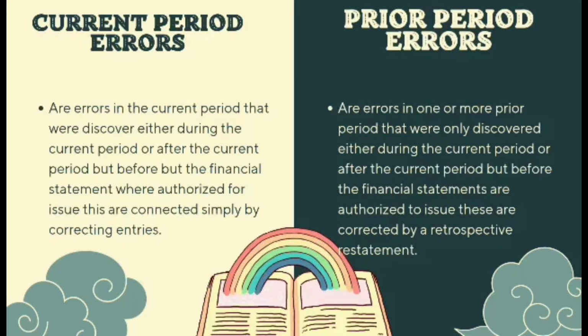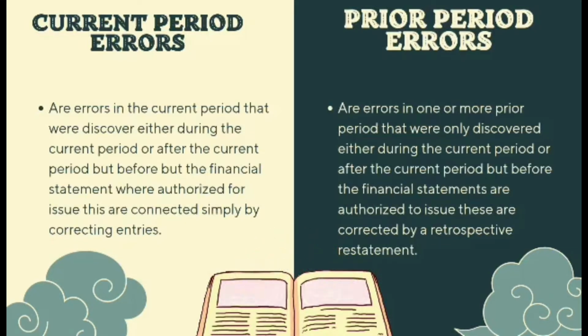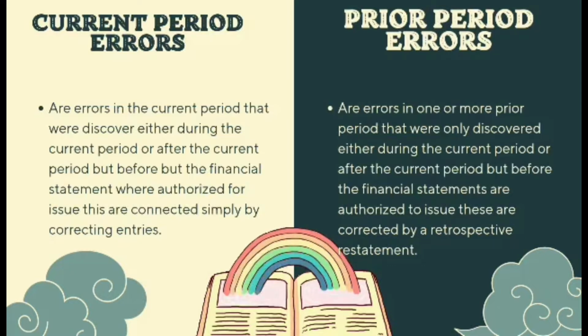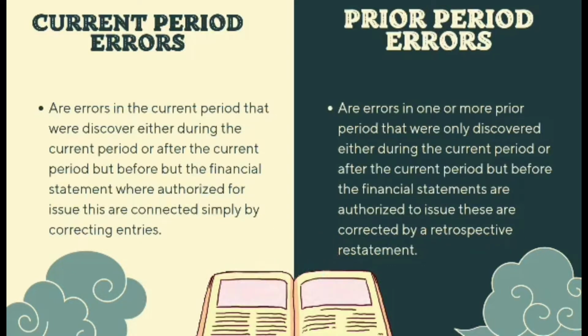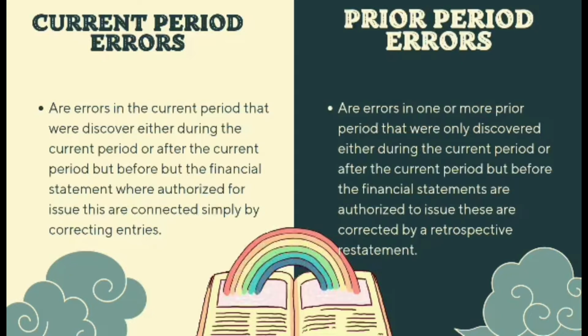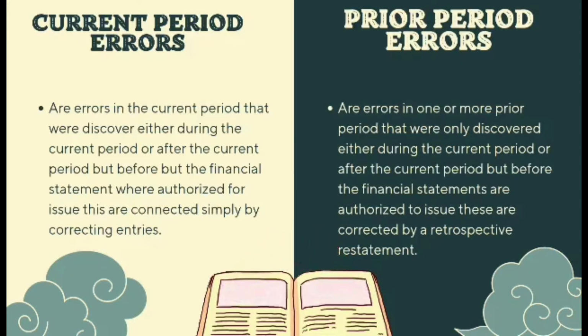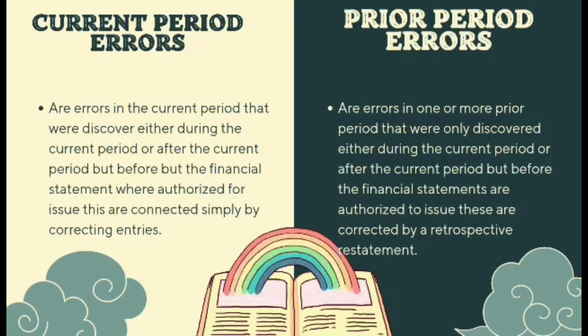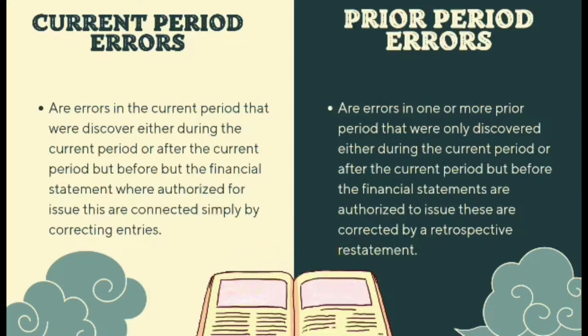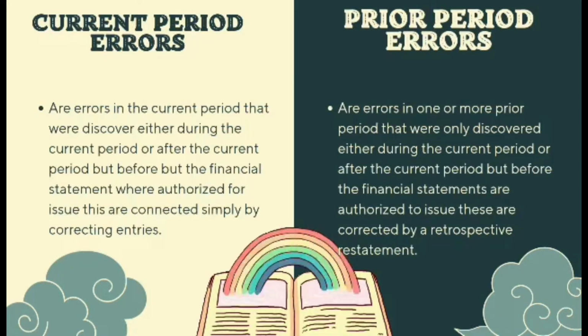And the second one is prior period errors. Ito yung error na one or more periods that only discovered during the current period or after the current period but before the financial statements were authorized for issue. Kinokorek naman to by retrospective restatement.